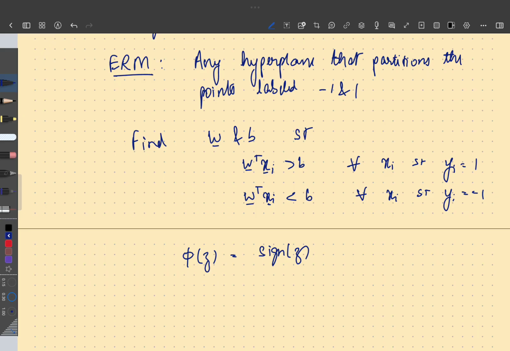Is there no closed form solution? There is no closed form solution possible. Is it possible to prove that there is no closed form solution, given that it's linearly separable? There is no closed form possible. In general, you can't get one.